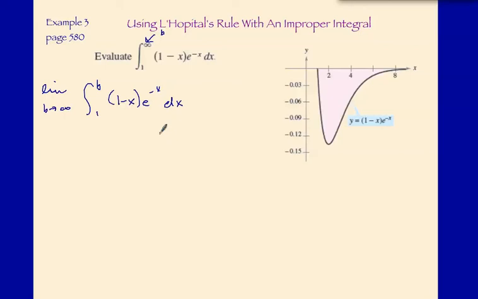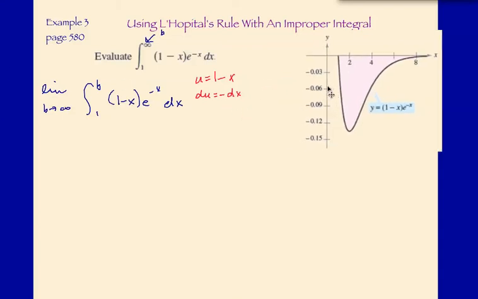Now we are going to have to use integration by parts here. So I'm going to let u be 1 minus x, du will be negative dx.